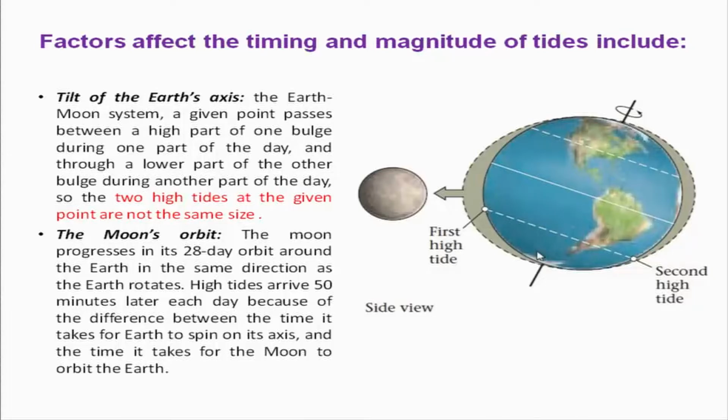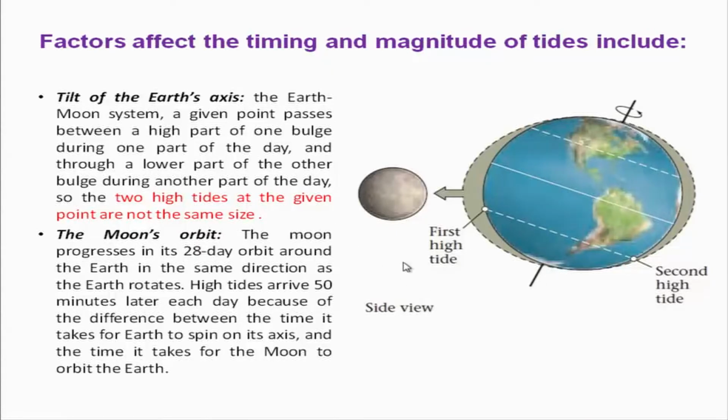Now these bulges which have been shown here are not the same, and the tides will be created when the moon passes through this region around the earth along the orbit. So what happens is that when the high part of one bulge and the lower part of another bulge during the day, two high tides at a given point are not the same.